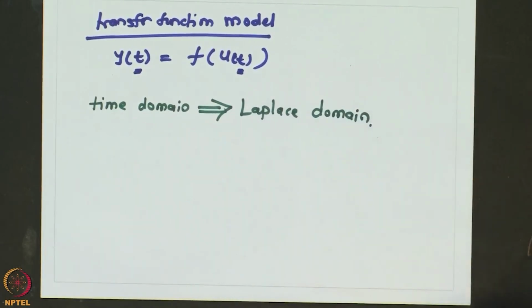This is a very old way of analyzing process systems, and the whole philosophy behind it is that back in, let us say, the 1920s, 30s, about 70, 80 years ago, the computing power of computers was very limited. The dynamic models which we have generated, for example the first principle model, are ordinary differential equations.